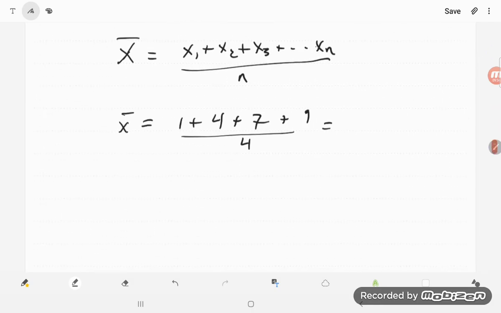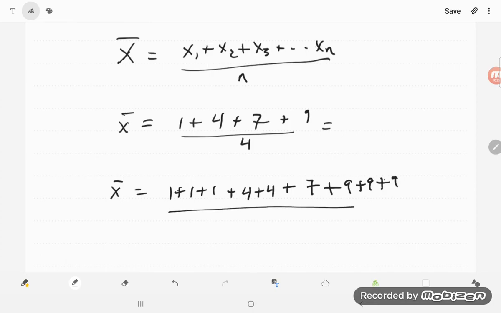Okay, well, what if I had multiplicities of many of these numbers, and so, suppose I had 3 ones, right? So I could have an x bar that would equal 1 plus 1 plus 1, and 2 4s, so plus 4 plus 4, plus 1 7, say, and 3 9s, so 9 plus 9 plus 9.